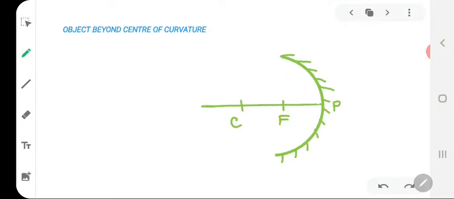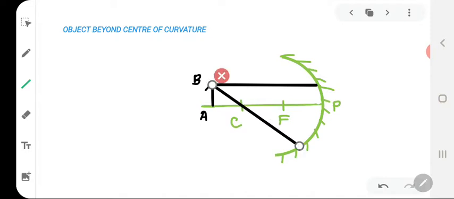Let's go to the second situation, when the object is kept beyond the center of curvature. So let us consider an object which is kept beyond the center of curvature and name it A, B. Now we shall consider two special rays. The first one traveling parallel to the principal axis, and the second one passing through the center of curvature. Let's mark the arrowheads.